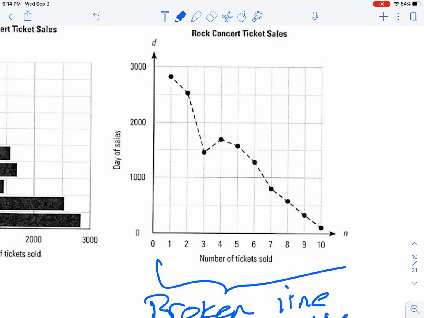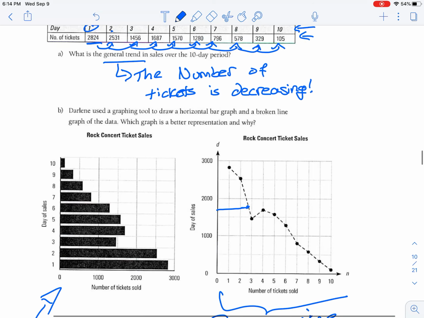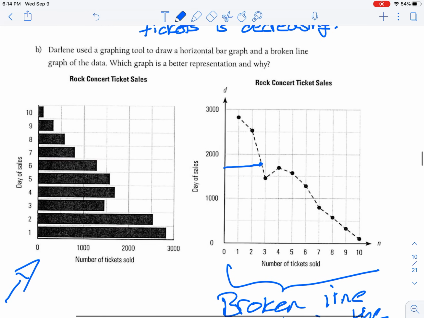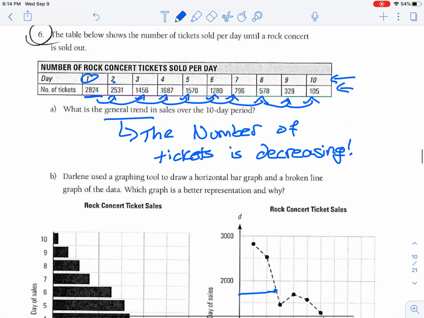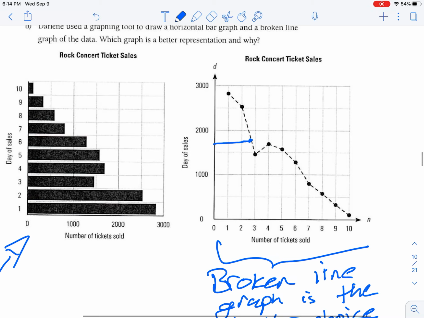So here, the days of sales, if we look here, and we see that, so one thing I notice is whoever made this booklet messed up. This should say the number of tickets.